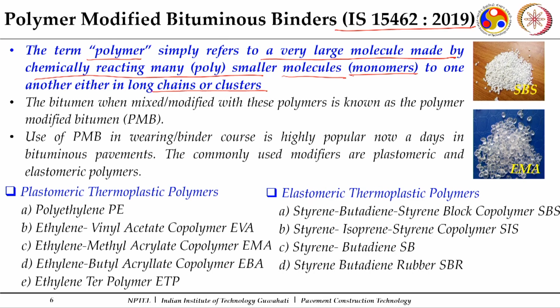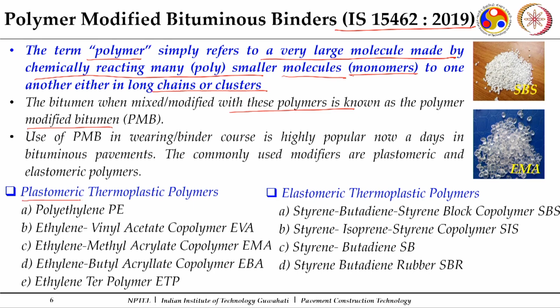These are synthetic products, especially petroleum derived products, and when bitumen is modified by using these polymers, we call it polymer modified bitumen. And these polymers are mainly divided into two categories.